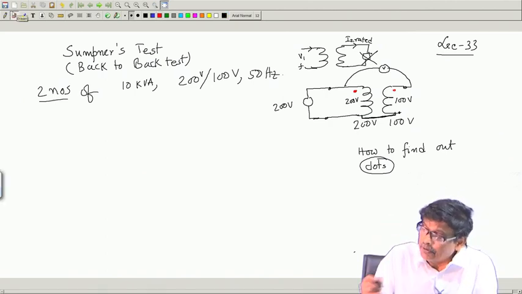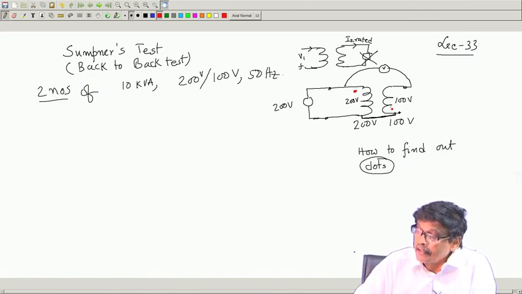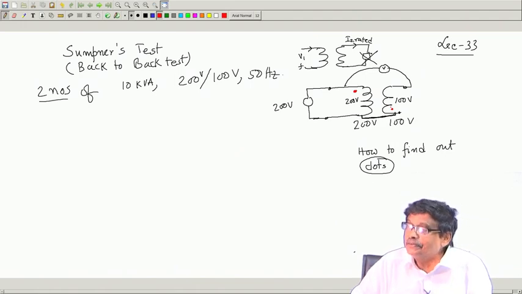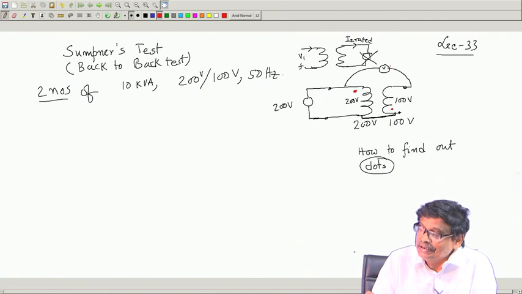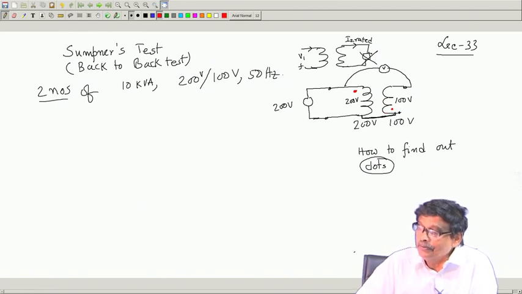What could be the other possible reading? It could be like this, the dot may be here also, I am not sure. If that is the case, then what will be the voltmeter reading? 300 volt. So, it is this voltmeter reading which will help me to put the dot correctly either here or there.